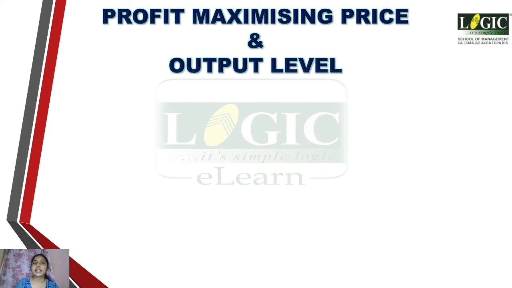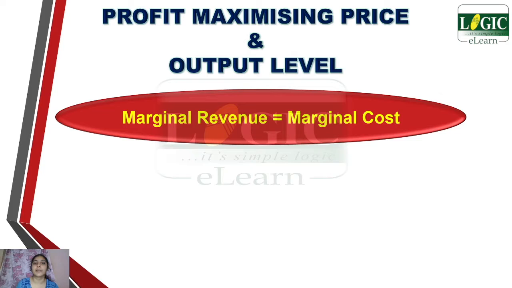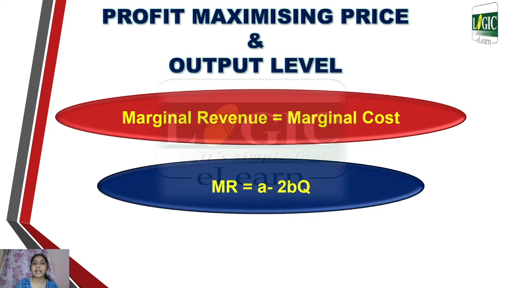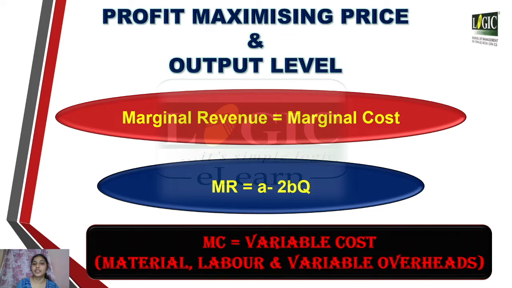We know additional cost and additional revenue are the marginal cost and marginal revenue. Therefore, the profit maximizing point of a company is where the marginal revenue is equal to marginal cost. In your exam, you can calculate the marginal revenue using the formula A minus 2BQ, and marginal cost is the total of the variable cost.